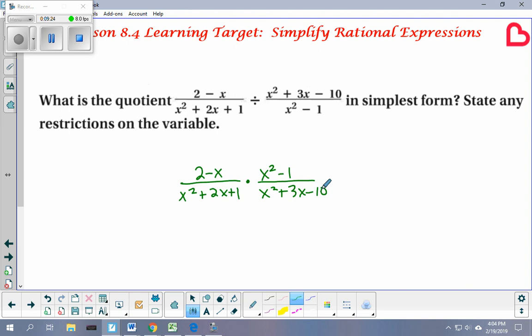And now again, we want to factor everything. And here we have the difference of two squares. Here we have a trinomial that will factor into a binomial.